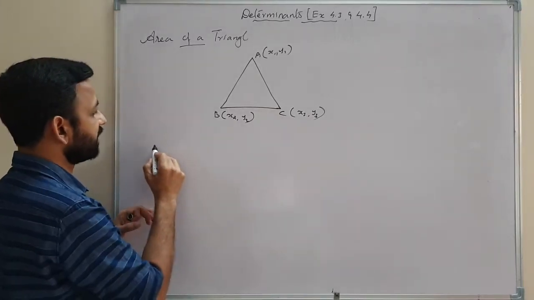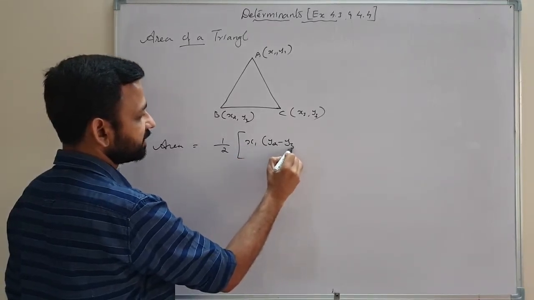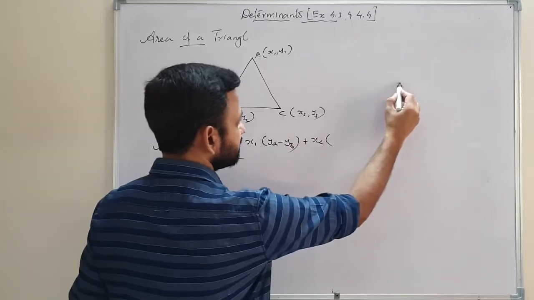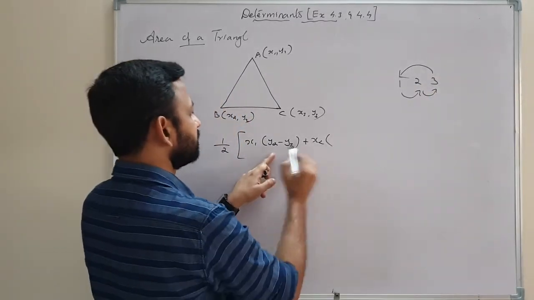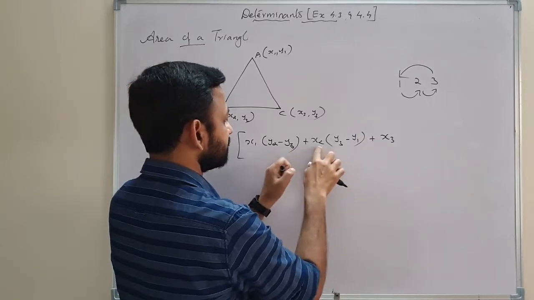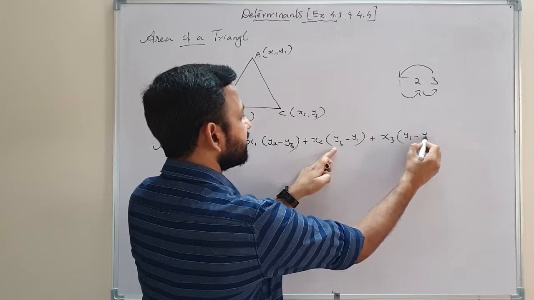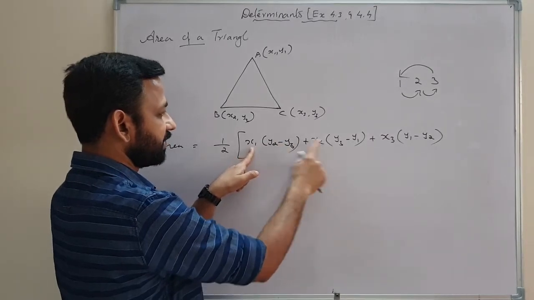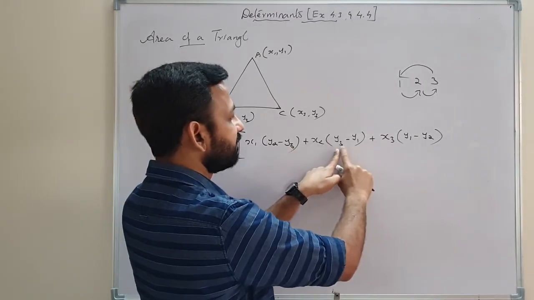So that formula is area equal to 1 by 2 into x1 into y2 minus y3, plus x2 into y3 minus y1, where 1 becomes 2, 2 becomes 3, 3 becomes 1, plus x3 into y1 minus y2.